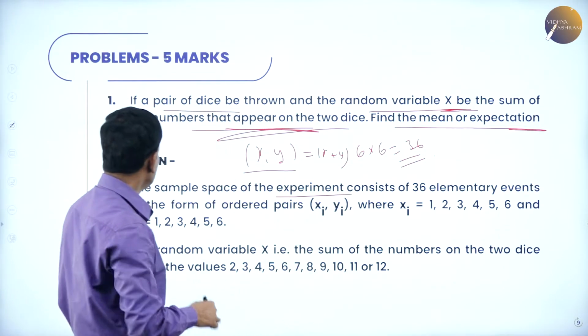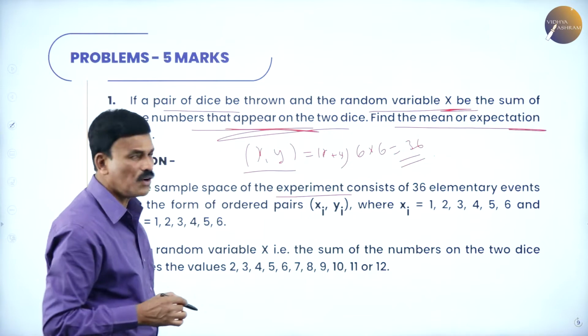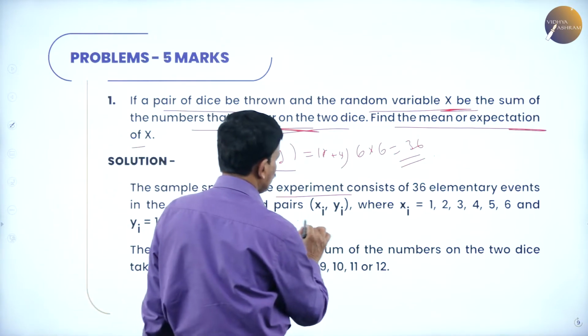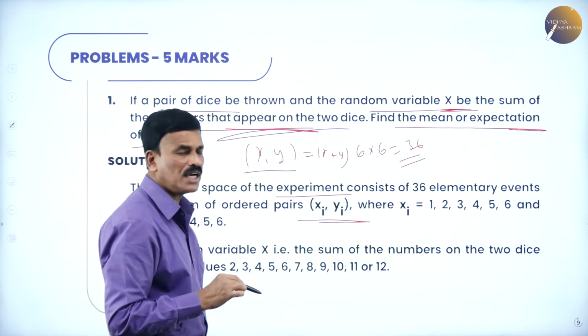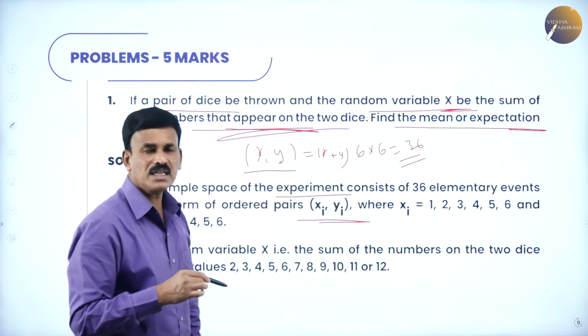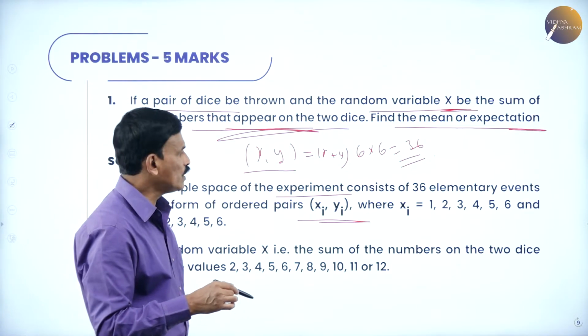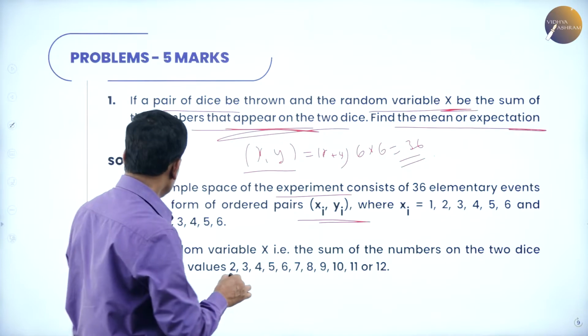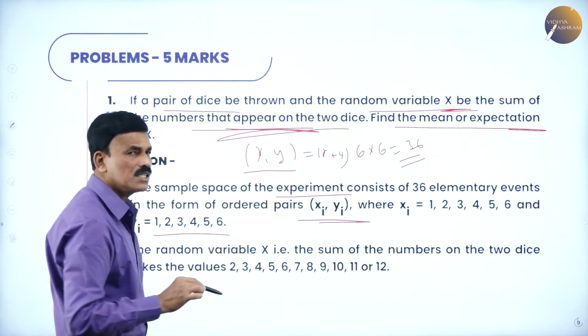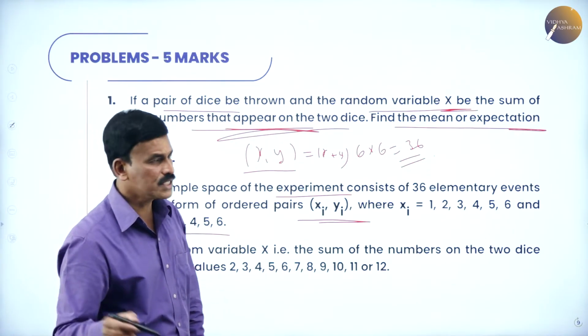So the events are ordered pairs of the form xi, yi, where xi is equal to 1, 2, 3, 4, 5, 6, and similarly yi is also equal to 1, 2, 3, 4, 5, 6.